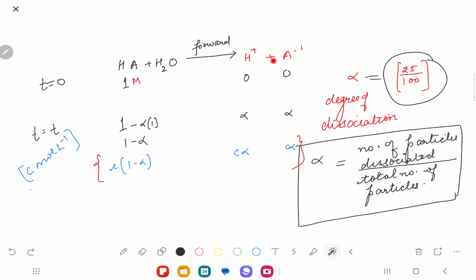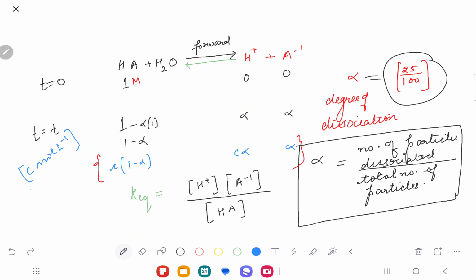What is the basic concept right here? When I write about the equilibrium, you remember that for equilibrium situations, what do we write? We write down the equilibrium constant. And what is the equilibrium constant? That is the concentration of the products upon the concentrations of the reactants.